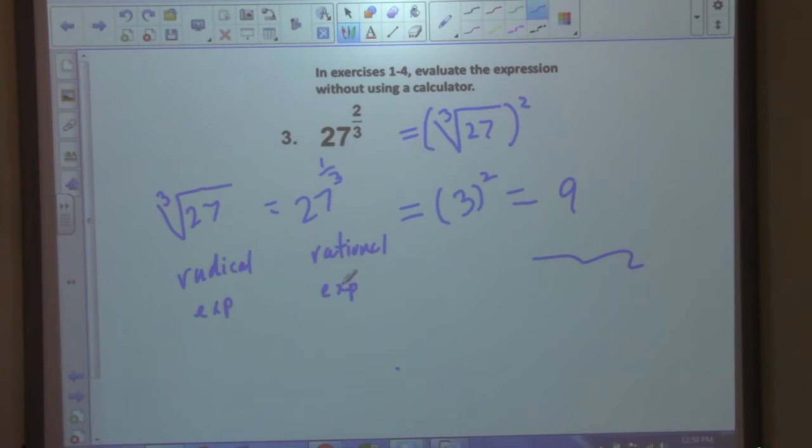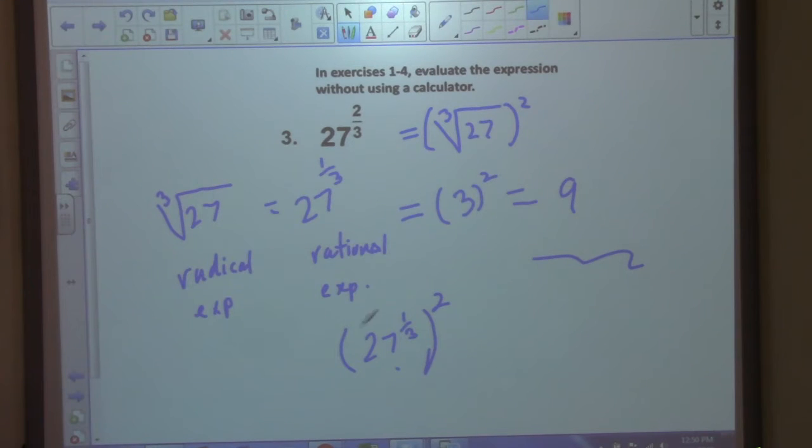At your level of mathematics, you're getting to the point where a needed skill is to be able to go back and forth between radical and rational exponents. So basically, 27 to the 2/3 power is equal to 27 to the 1/3 power, squared.